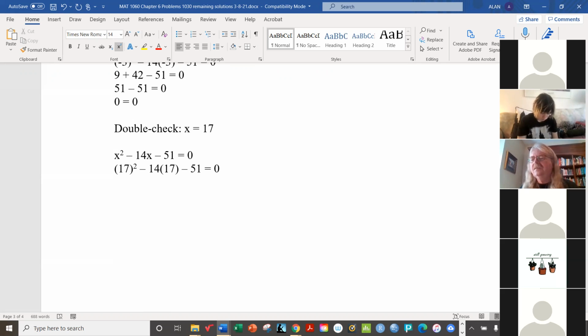Let's see if that equals 0. So 17 squared is 289. 14 times 17 is 238. And then 289 minus 238 is positive 51. Oh yeah, there you go.